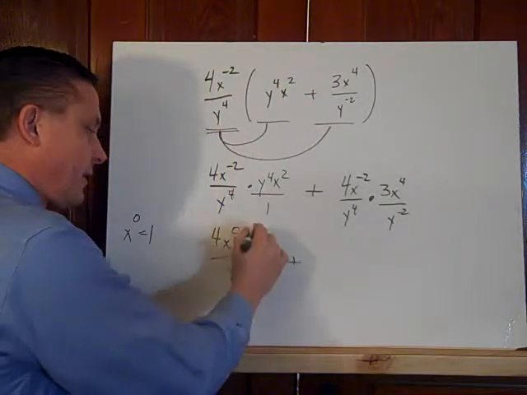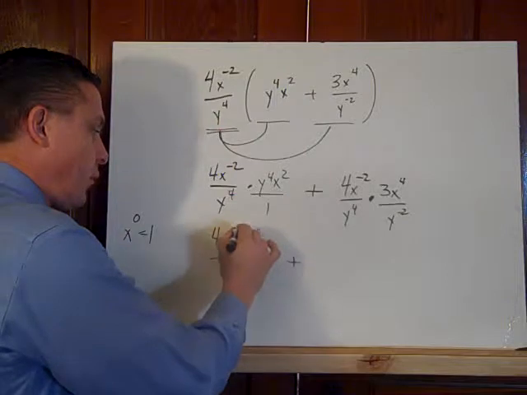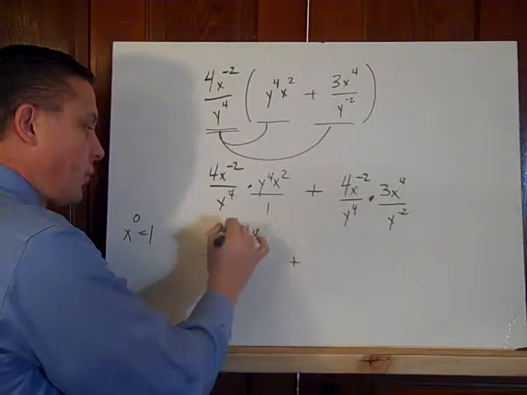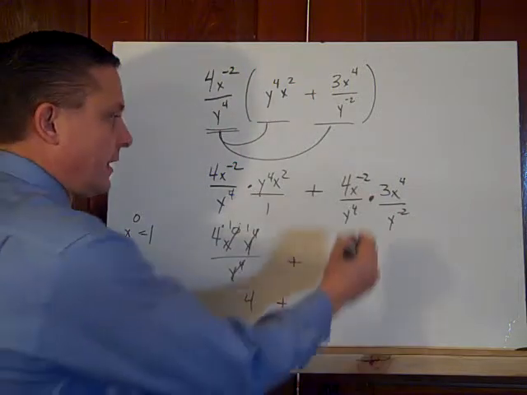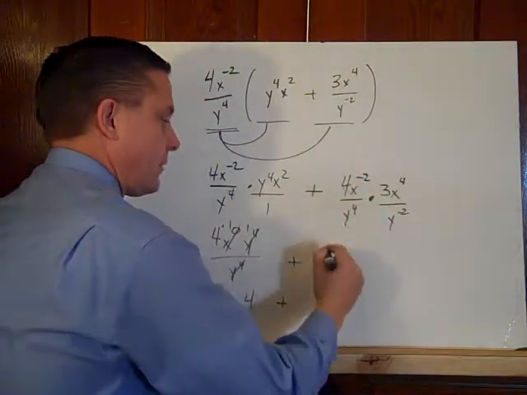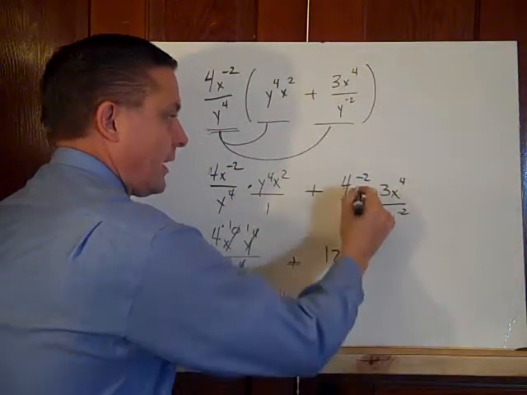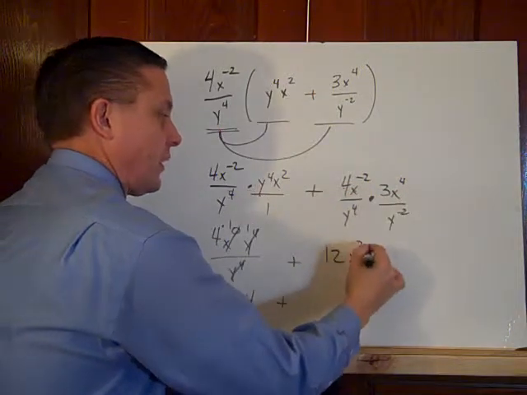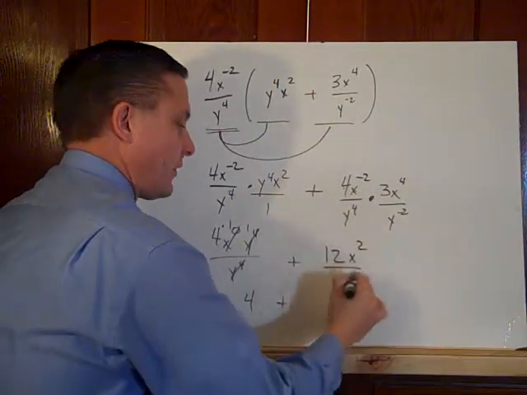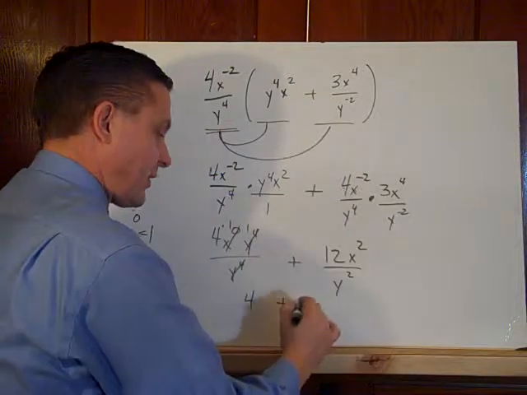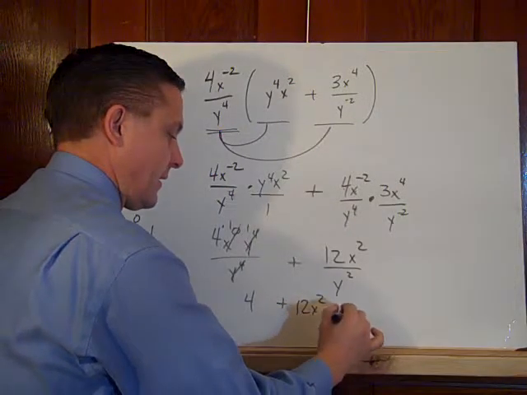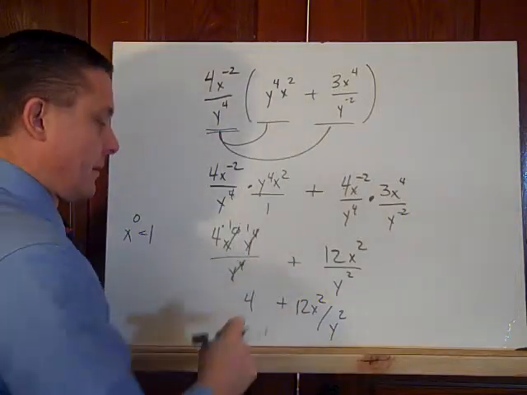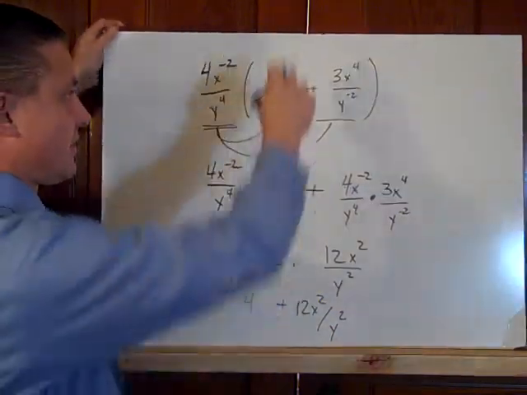And the y^4's cancel, so 4 times 1 is 4. On the other side, 4 times 3, I'll write as 12, x^-2 times x^4 is x^2, y^4 times y^-2 is y^2. And when I look at that term, it is complete. And that is the expansion there.